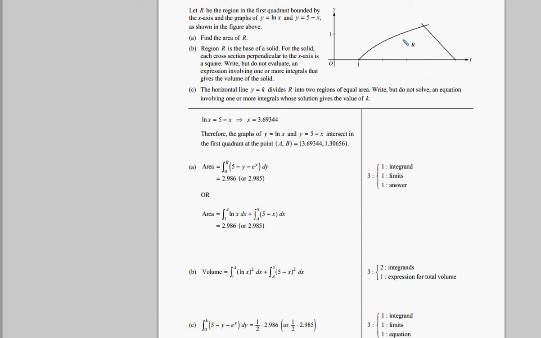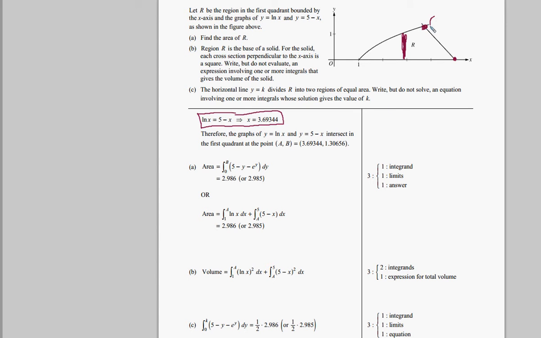You could either do this with vertical strips, all right, where you are integrating from 1 to this intersection point up here of the top minus the bottom, which is in essence 0, and then integrating from that intersection to this value out here, which is 5 of the 5 minus x function. Notice that they did put some information out here in the solution where the two functions are equal at that current x value.